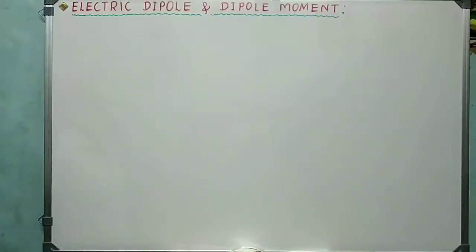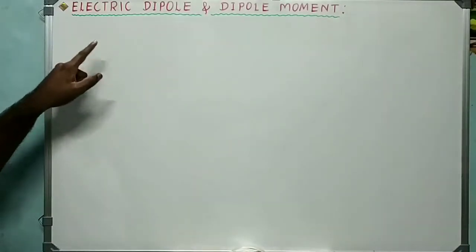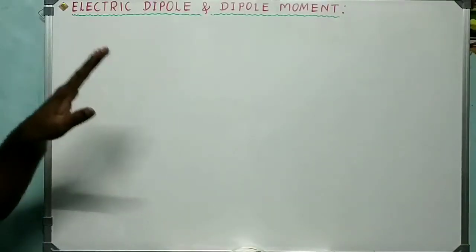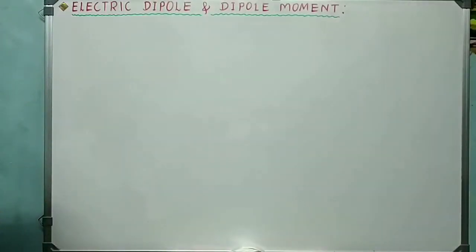Okay, my dear students, now I am going to teach you what is the meaning of electric dipole and electric dipole moment. See here, now let us study what is the meaning of electric dipole.